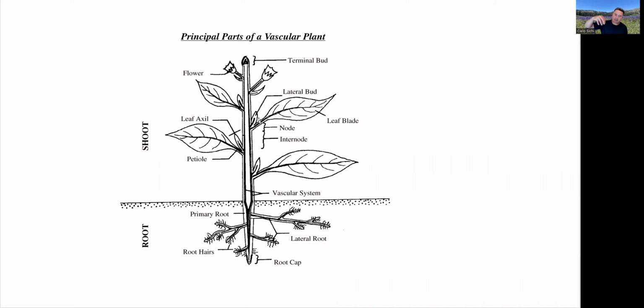It'll stretch those internodes out because its goal is to find that sun. It wants to get to that sun because it needs the full sun. And it can't get up and walk over to the sun, right? Because we've got this root system down here.